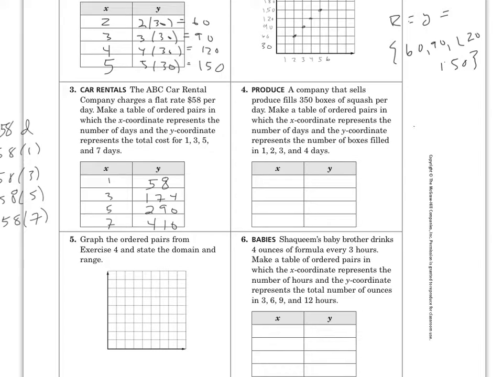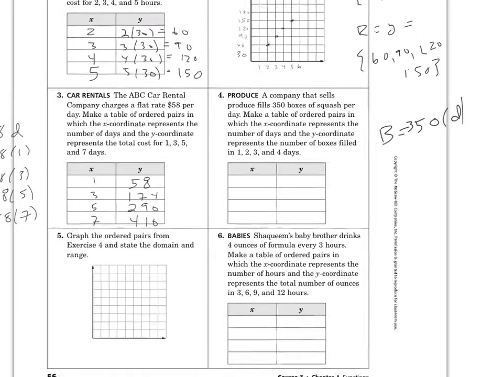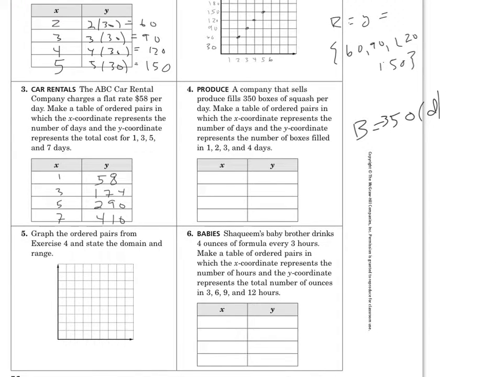So the number of boxes is equal to 350 times the number of days in service. If you're going to produce 350 boxes a day, then all you need to know is 350 times the number of days. This is the way you set up the equation.